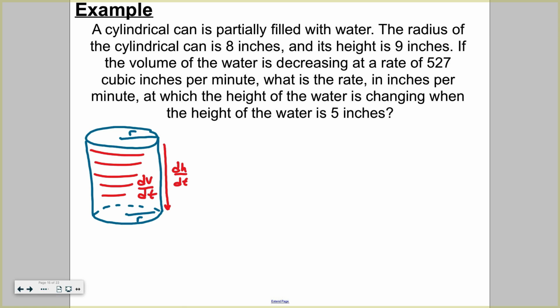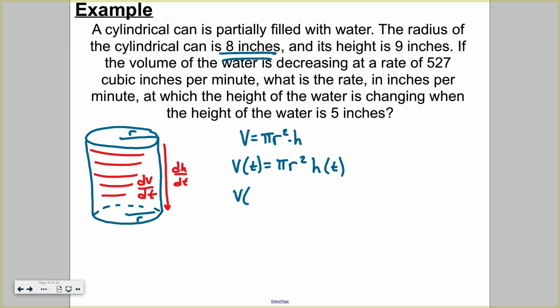Alright, so we do have a cylindrical can, and the volume of a cylinder is basically the area of a circle times height. And now we know the volume is changing, but we did just say the radius is constant. So therefore the radius will not be with respect to time, but the height is, because the height is changing. And we are told that the radius is 8 inches, so we can substitute that in.